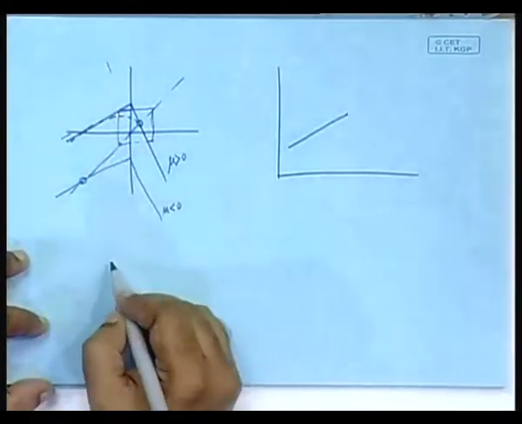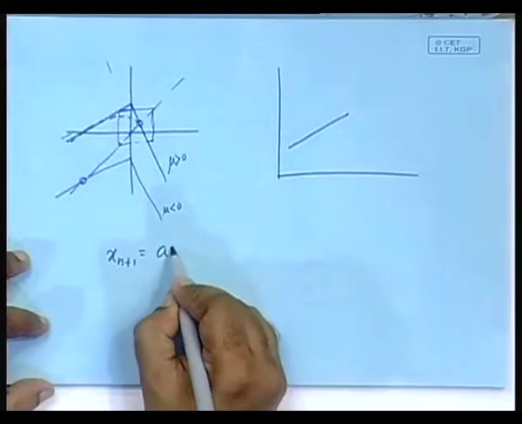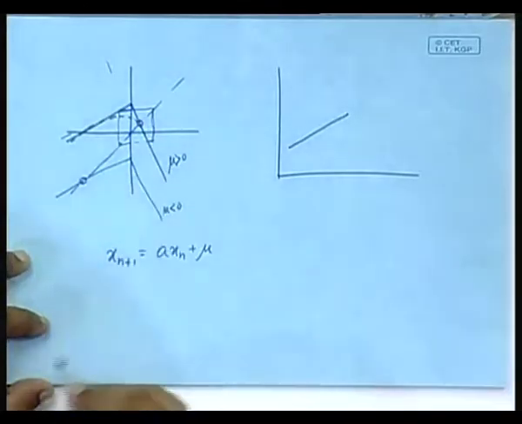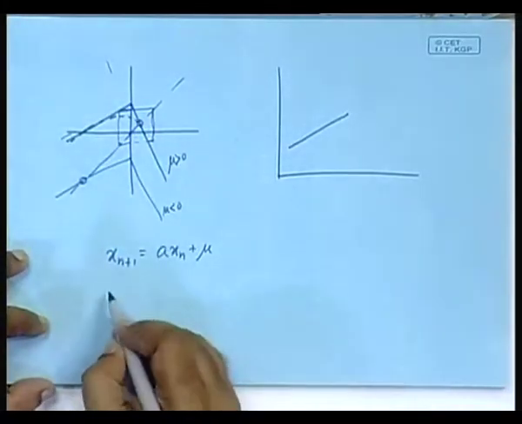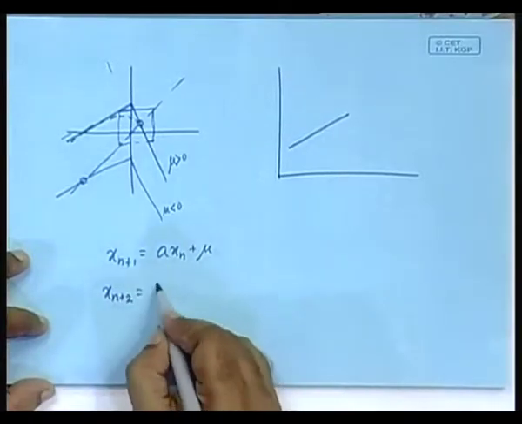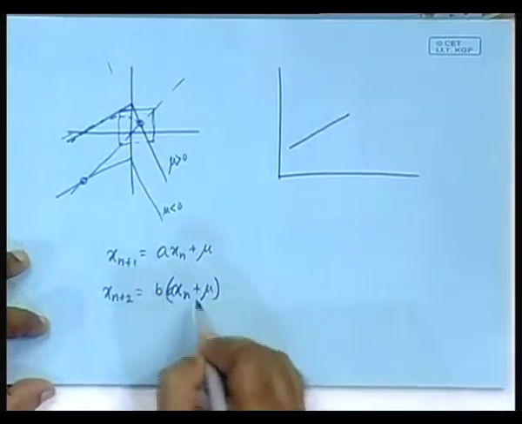Suppose you start from here, that means x n plus 1 is equal to a x n plus mu, that has brought me to the right hand side. Then we say x n plus 2 is equal to b x n plus 1 plus mu, I am substituting x n plus 1.